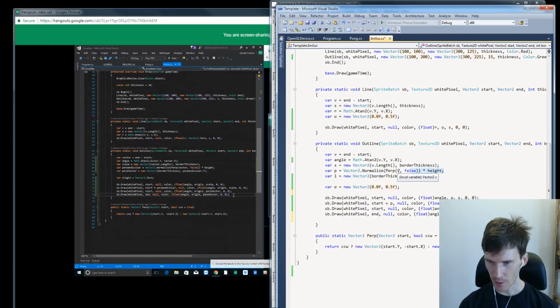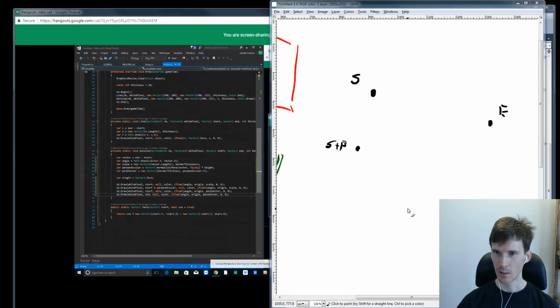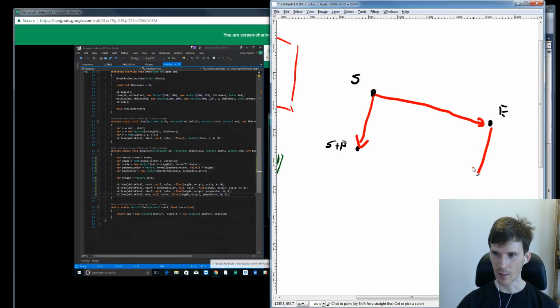Yeah, the perpendicular of that is false. Counterclockwise. So let's just assume it's down. That's right. Yeah, counterclockwise. So it's clockwise, so it's down. Yeah, and that's so S plus P. And so what you've got going on is you've got a line coming out that way, and a line coming out that way, and a line going that way, and a line going that way.